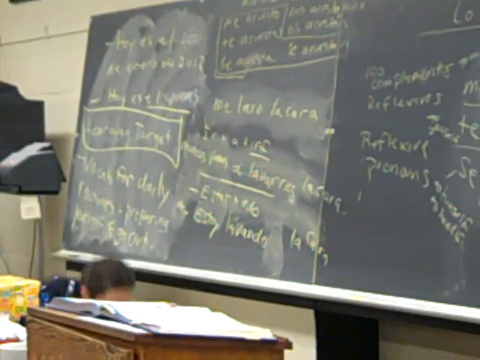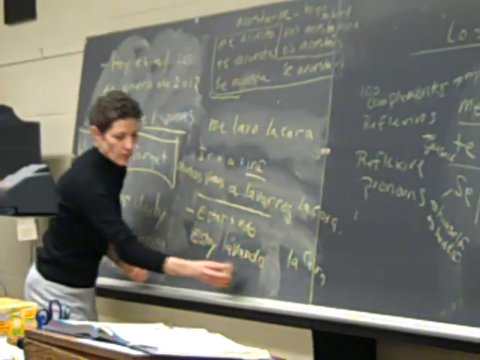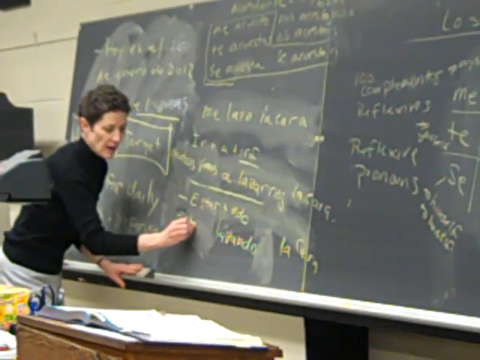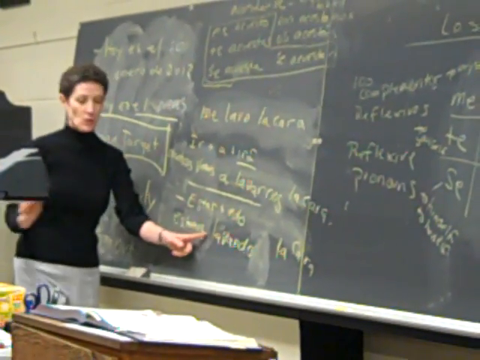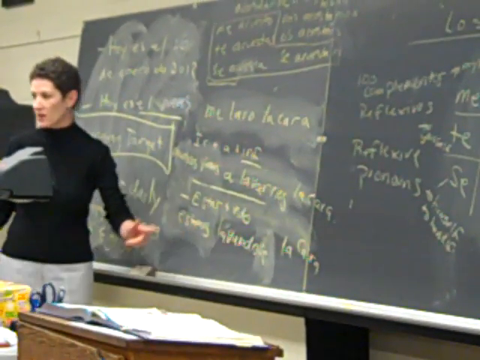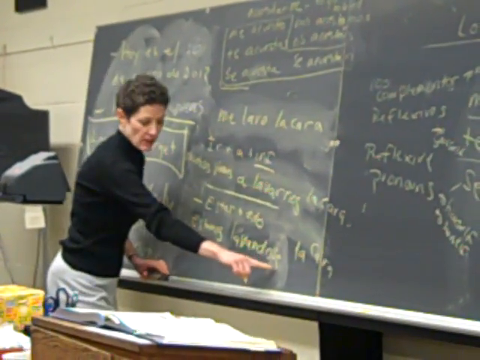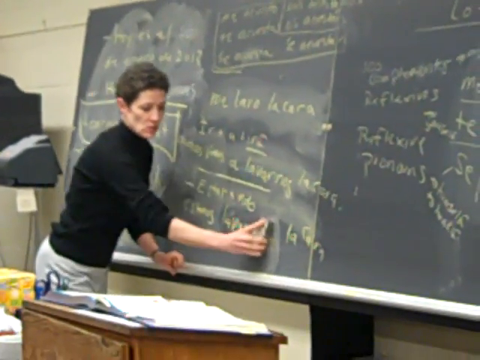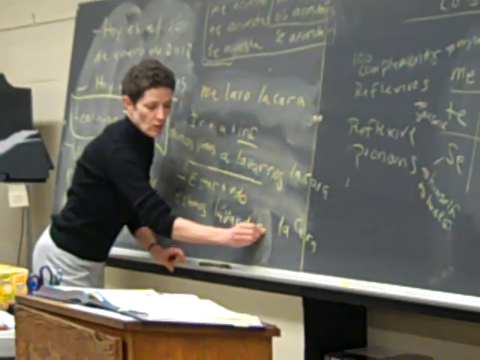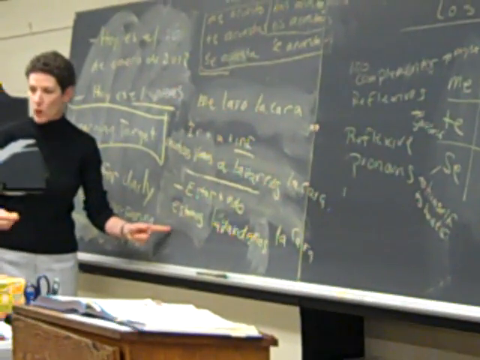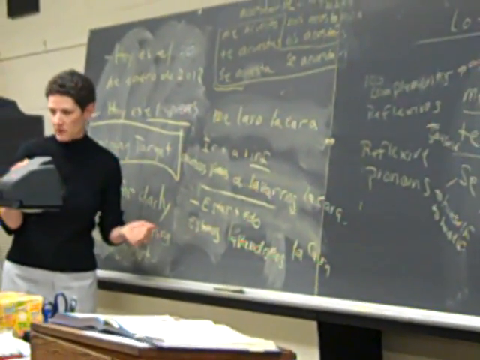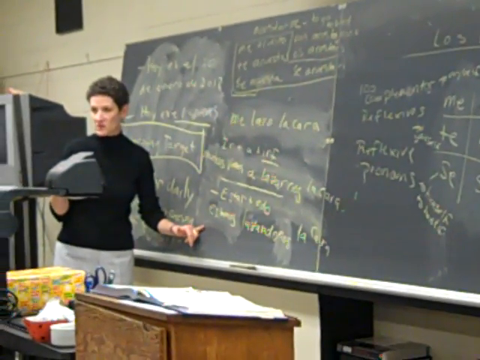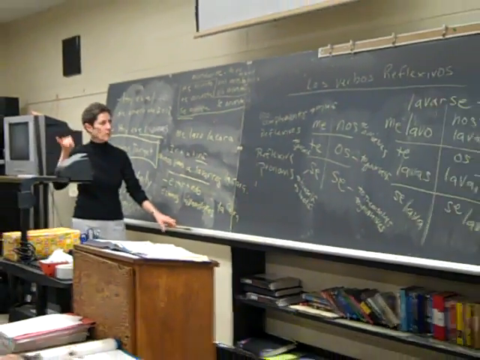Here, if we're going to put this in the we form, we would say, estamos lavando. Most people will keep this in the se. It has to agree. It can't say, estamos lavando se. You have to say, estamos lavándonos. Okay? So we are washing our faces. Okay, that's what you're saying. It doesn't translate that way, but that's the way it would be loosely translated. It's not word by word.